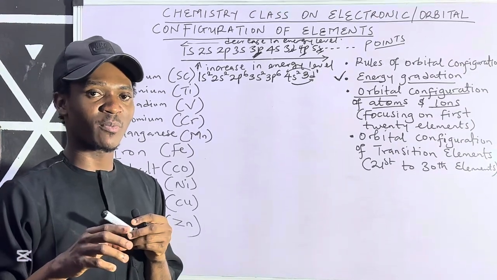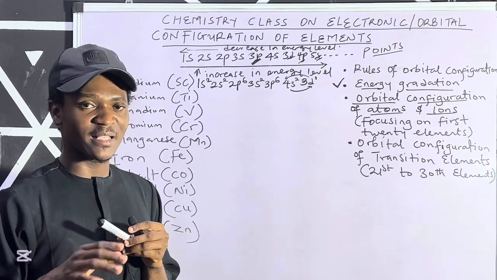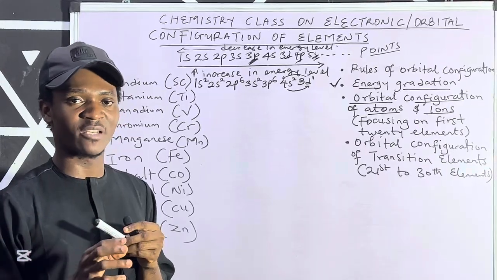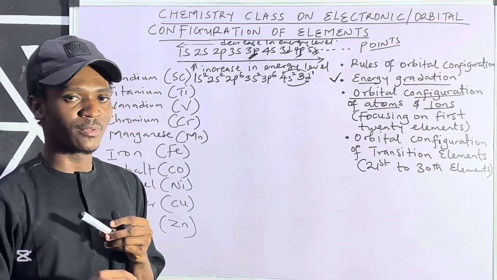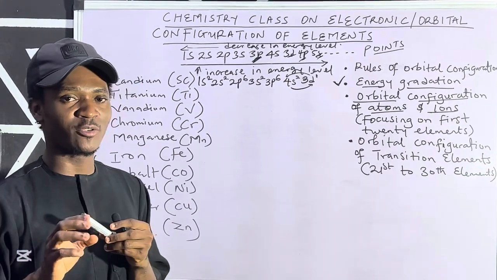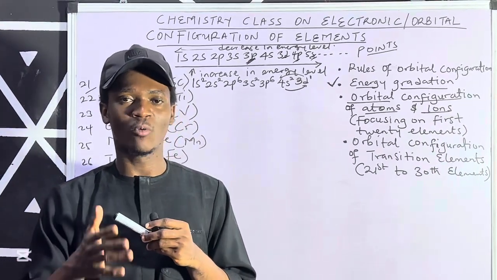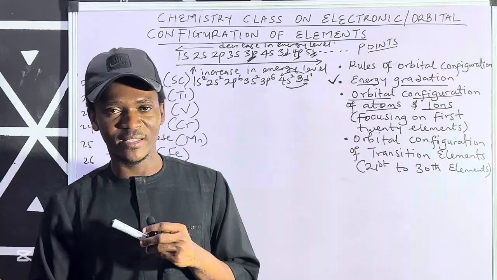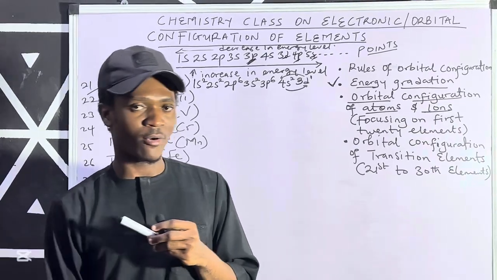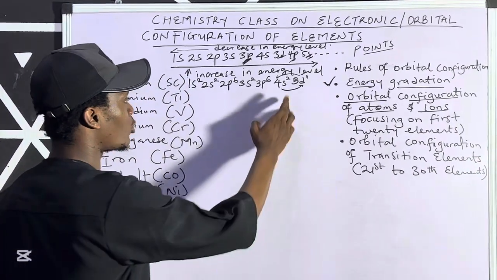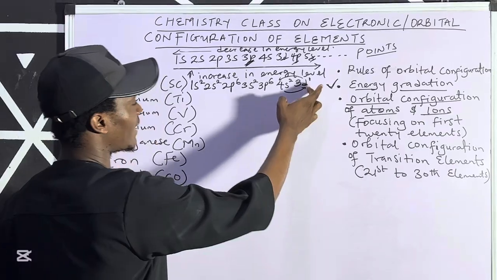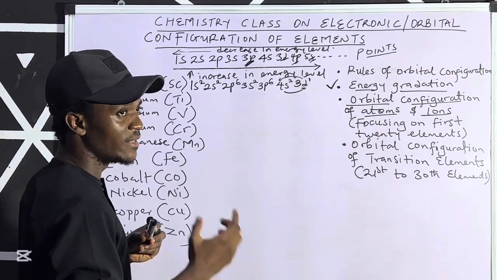I'm going to explain the principal, azimuthal, magnetic, and spin quantum numbers, in fact the quantum numbers generally, in a separate video. But in this video, one thing that you need to know is just like when you are numbering 1, 2, you get to 3 before obtaining what? 4. So it's best to end it with 4s2 and then you bring in the 3d1.